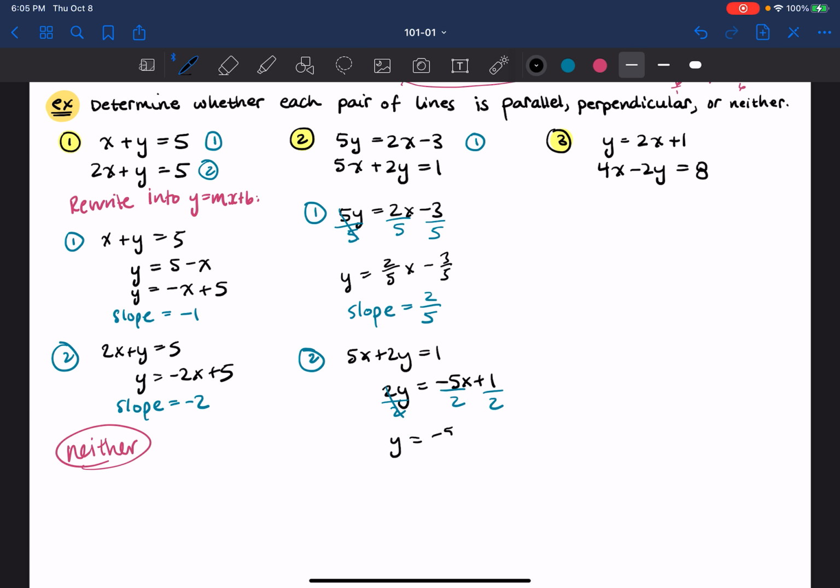And so we get negative 5 over 2 x plus 1/2. And so the slope of this line is negative 5 over 2. So we look and we say, all right, 2/5 and negative 5 over 2, they're not the same. So these aren't parallel. But are they negative reciprocals? Yeah, they're flipped around from each other, and one of them is negative. So these are parallel lines.